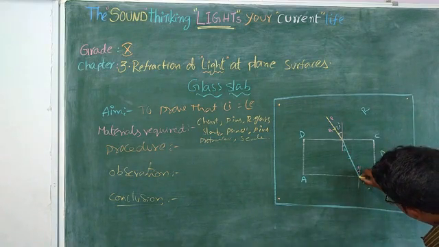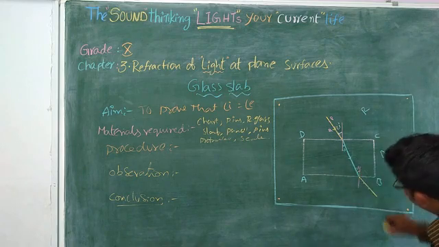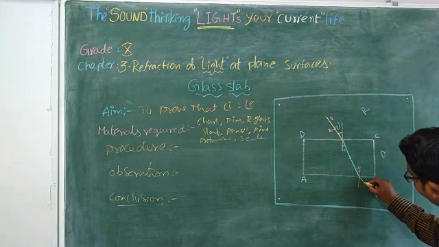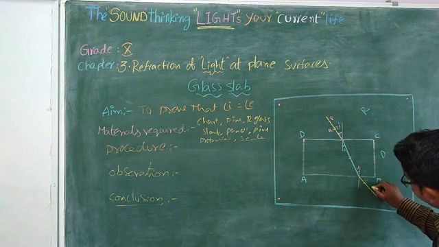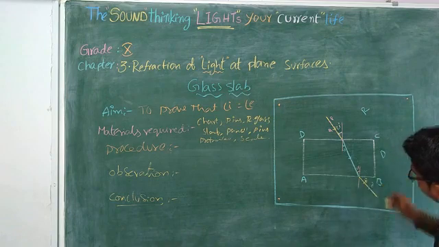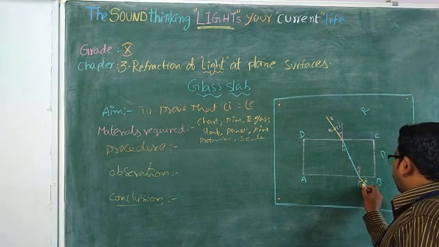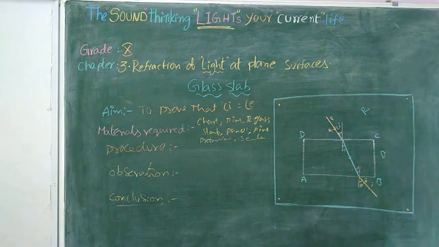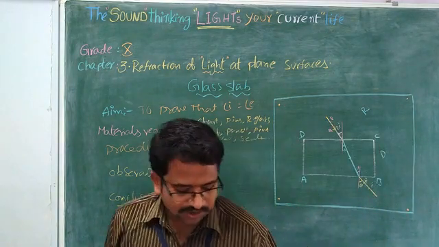Images of P and Q. Now if we join these two, it can be like this. It is P dash, of course, on the outer side, and it is Q dash. This angle is called the angle of emergence. Angle of emergence.